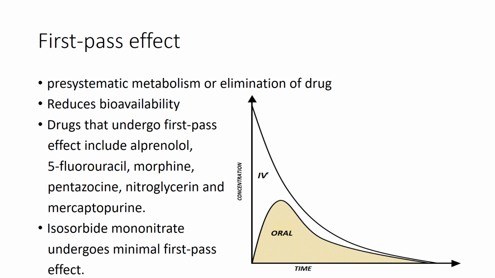This is why nitroglycerin is typically taken sublingually, where it enters the circulation and is delivered directly to the heart without having to go through the liver first, and therefore avoiding the first pass effect. Isosorbide mononitrate differs from nitroglycerin. It undergoes minimal first-pass metabolism, which leads to high bioavailability after oral administration.